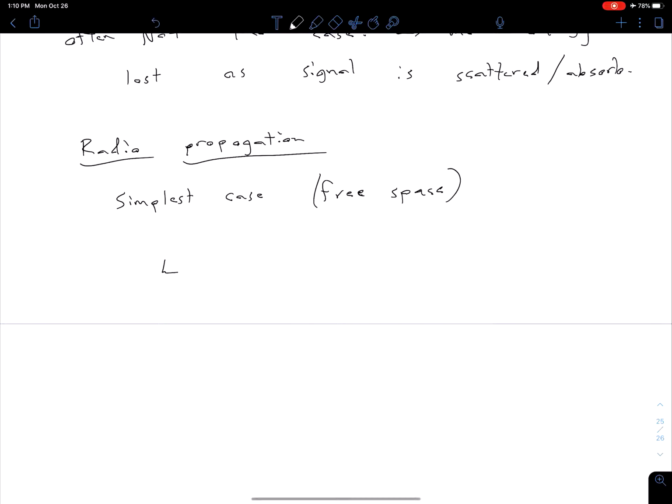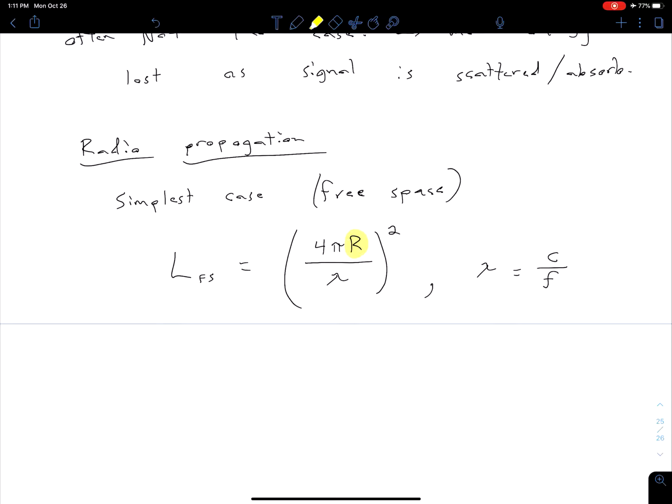So our loss, and we're going to put subscript fs to indicate this is free space, is equal to 4 pi r divided by lambda, and that whole quantity squared. As we've said before, our lambda is equal to the speed of the wave, which in free space is the speed of light, c, divided by our frequency. So what we see from this is that the loss goes as the distance from our source squared. So r would be the distance from our source.